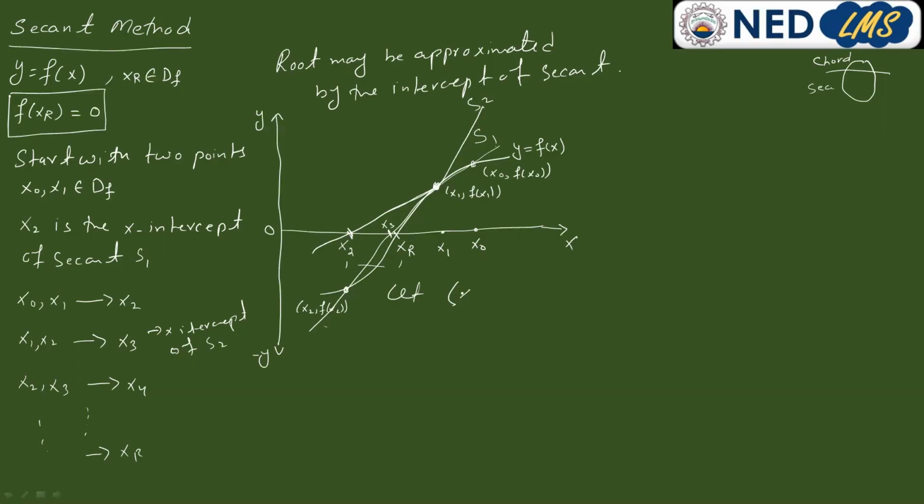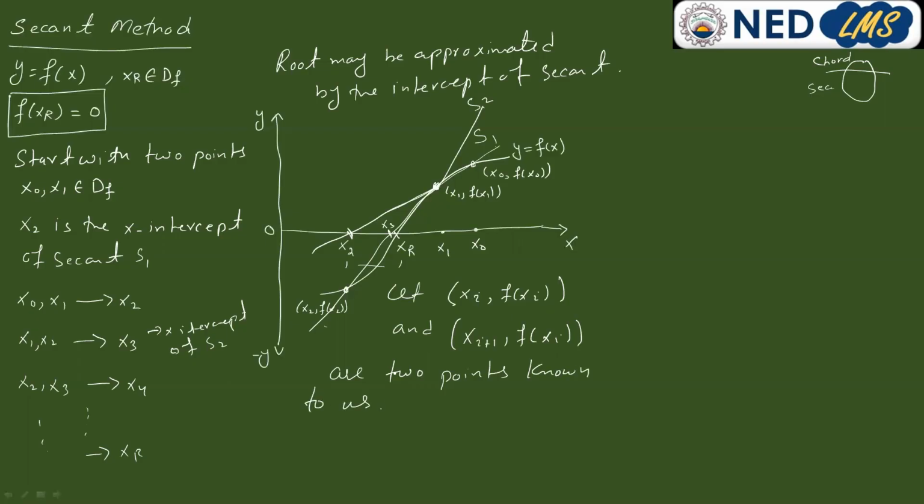Let xi, f of xi and xi plus 1, f of xi plus 1 are 2 points known to us.